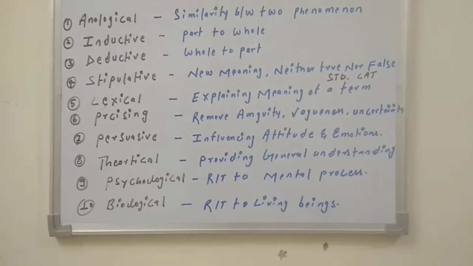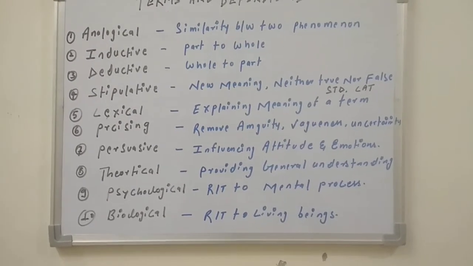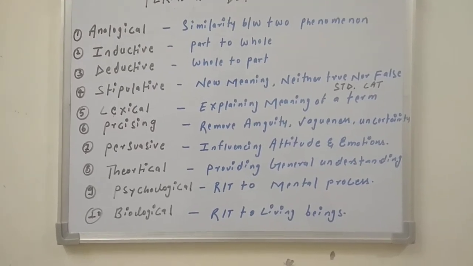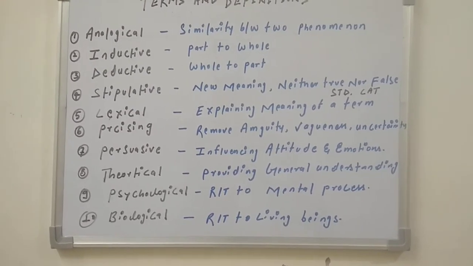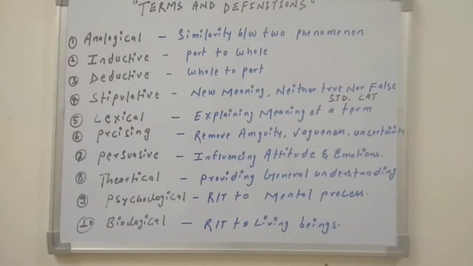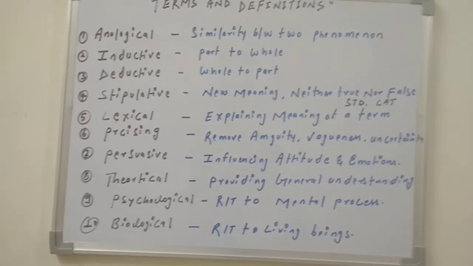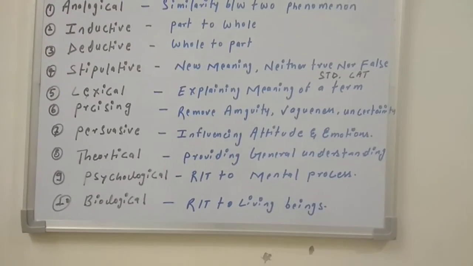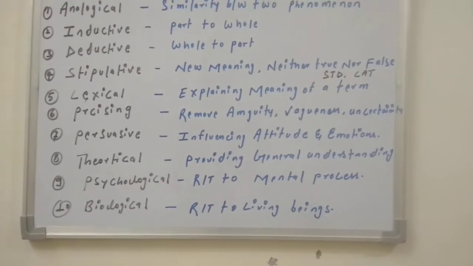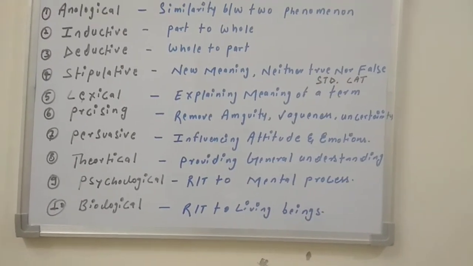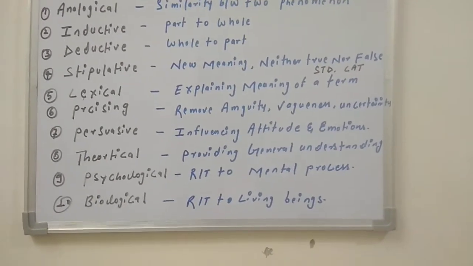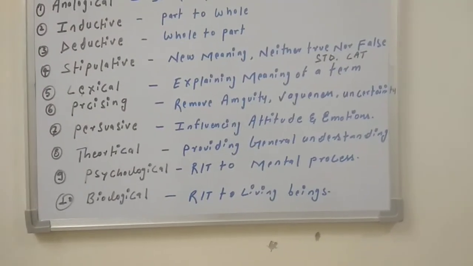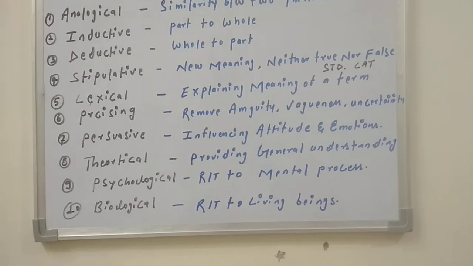Suppose I'm telling a story to my father, and that story is related to his emotions or attitude, then it is persuasive in nature. Like if I say flower, it could be just a flower for me, but it could be more than a flower to a writer writing a poem on it, trying to influence the attitude or emotions of the people through the poem. So that is known as persuasive, influencing the attitude and emotions of anyone else.